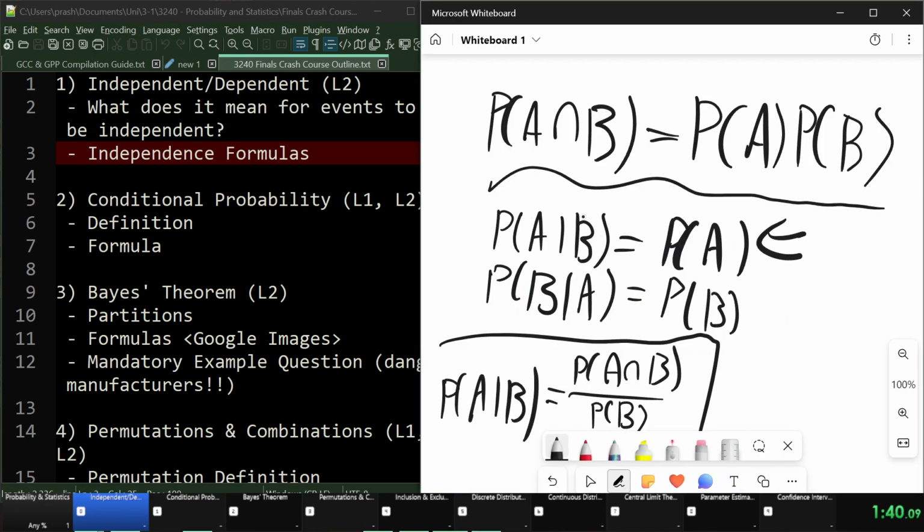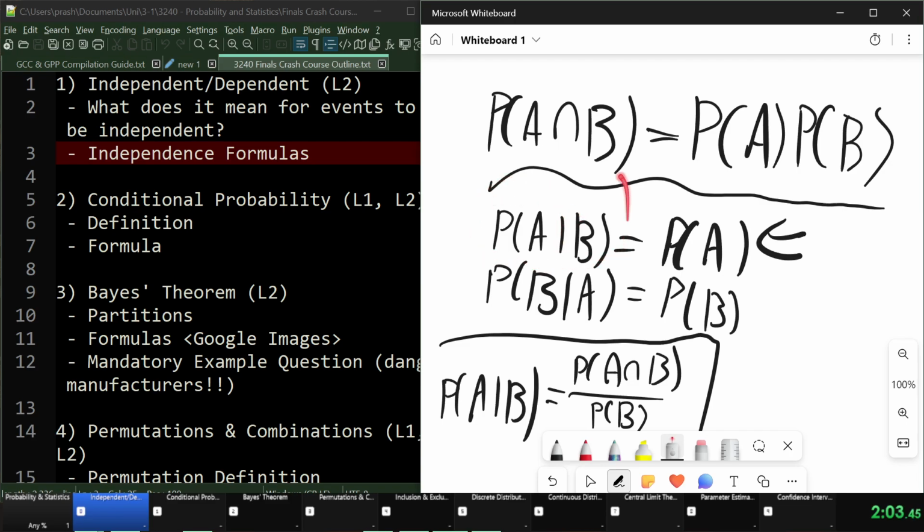Because A given B means, if you have something given something else, that just means that this... Oh wait, I have a laser pointer, right? Laser pointer? No? Oh, I do, yeah. The fact that B occurs has absolutely no bearing on whether A occurs.